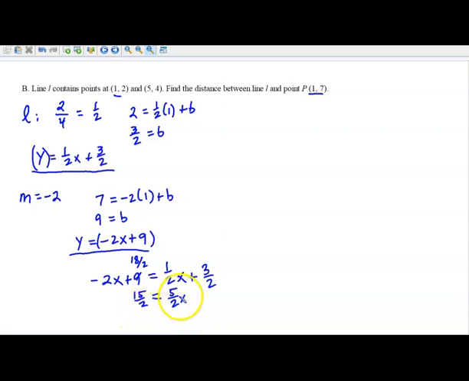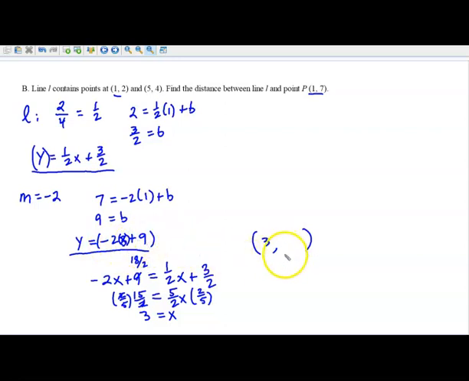All right, and then to solve for x, we'll multiply by 2/5 on both sides. And these 2's would cancel. 15 divided by 5 is 3. So we got our x value of 3. And that's the x-coordinate of where these would intersect. What's the y? Well, we can come up here and replace x with 3.